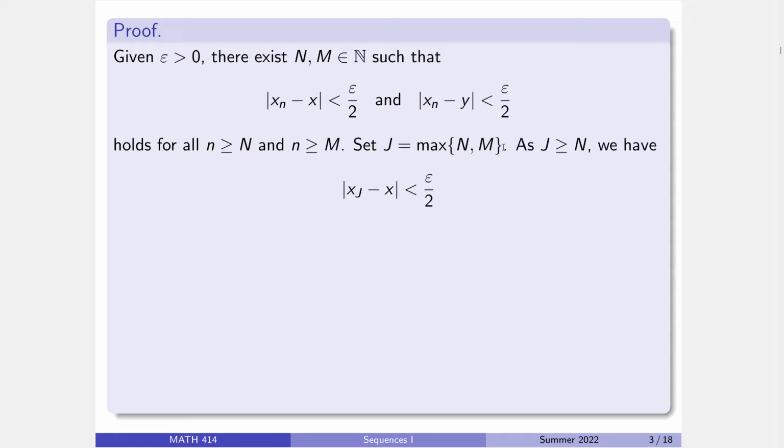Alright. Now, j, by construction, is bigger than n, so we know that x sub j gets within epsilon over 2 of x. And similarly, j is also bigger than m, because j is the maximum of these two. So x sub j here gets within epsilon over 2. Now note here, this is another little trick that we pull a lot.